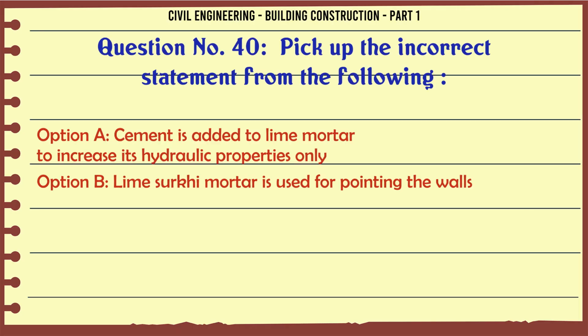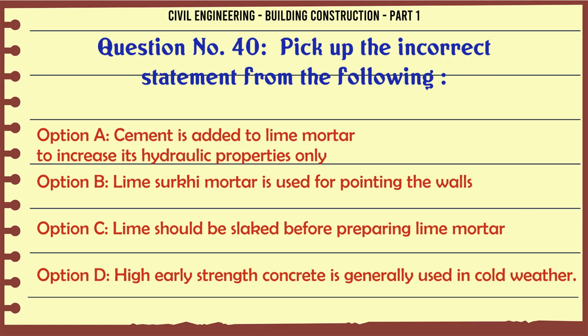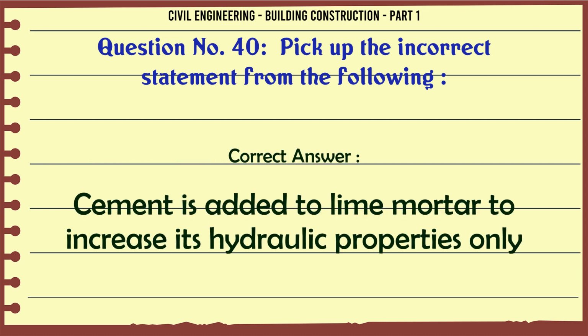A, Cement is added to lime mortar to increase its hydraulic properties only. B, Lime surkhi mortar is used for pointing the walls. C, Lime should be slaked before preparing lime mortar. D, High early strength concrete is generally used in cold weather. The correct answer is cement is added to lime mortar to increase its hydraulic properties only.